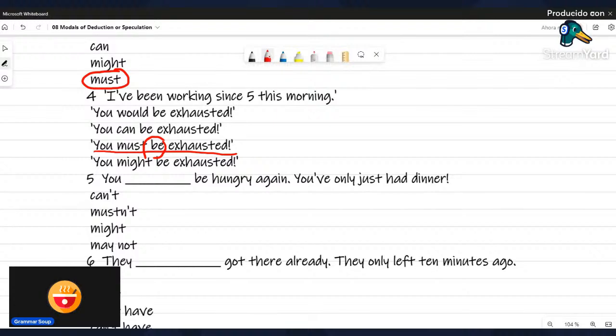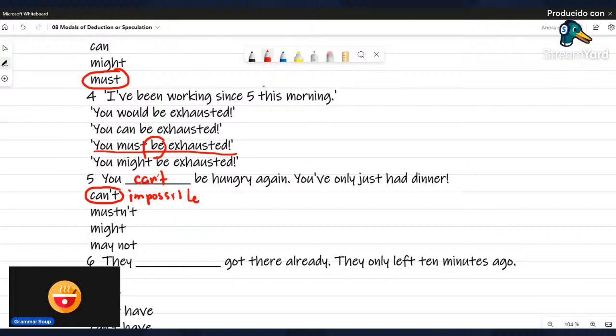So it's impossible, right? Remember? So can't in here. Why? Because I'm saying that something is impossible to happen. It's happening. That's not possible that it's happening. So you can say you can't be hungry. You just ate a few minutes ago. Yes, it's impossible. You can't be hungry. There you go.